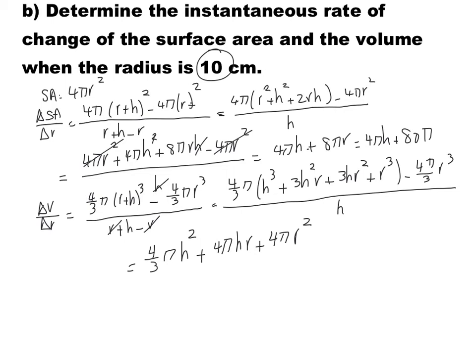Now again, since r is 10 in the problem, we are going to substitute 10 here. We get this equal to 4 over 3 pi h squared plus 40 pi h plus 10 squared is 100 times 4 is 400 pi.